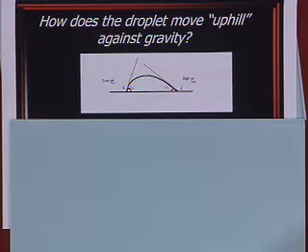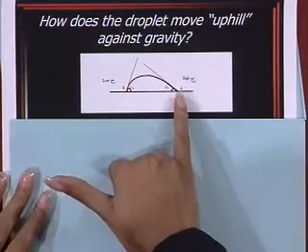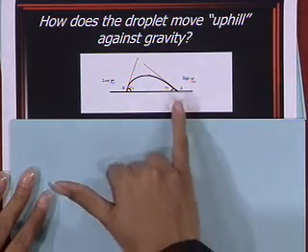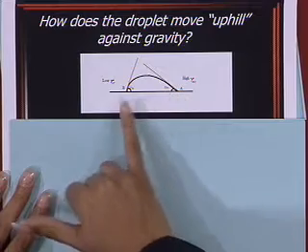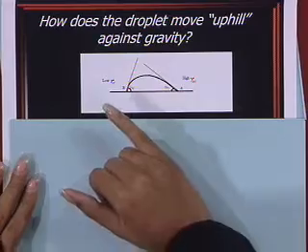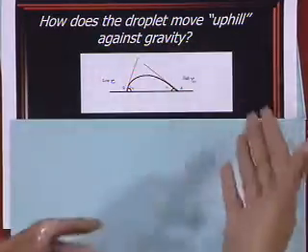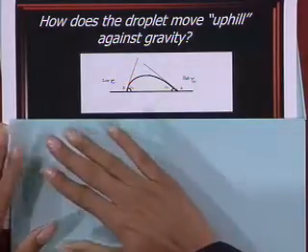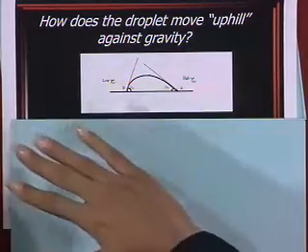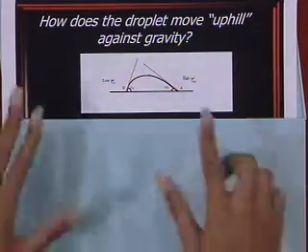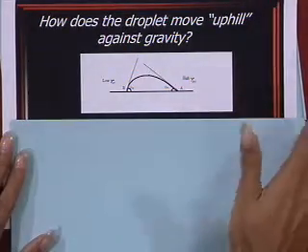In this diagram here, it shows a contact angle at A and a contact angle at B. As you can see, the contact angle at A is smaller than the contact angle at B. And it tends to shift. And here's a water droplet on a surface gradient. That's important to know. So what happens is the water droplet tends to shift towards the highest surface free energy for the solid-vapor phase.